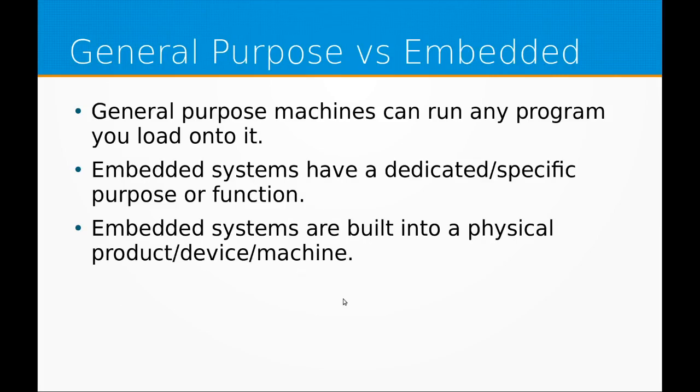Okay, so a quick note on computers. You no doubt have a computer of some sort, and chances are any program you download will be able to run on it. Therefore, it's a general purpose machine. You can run pretty much whatever you want on there.